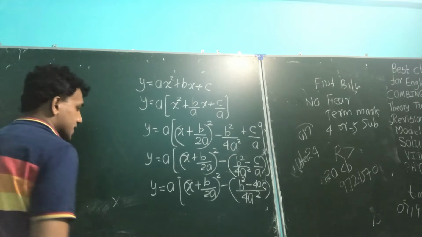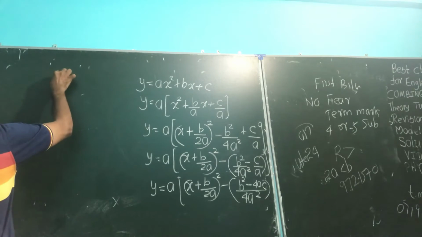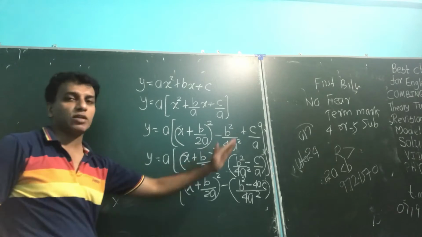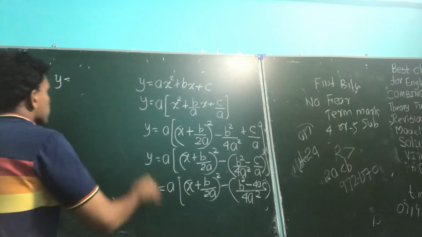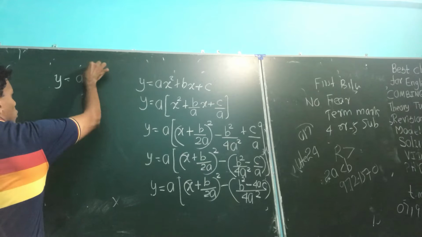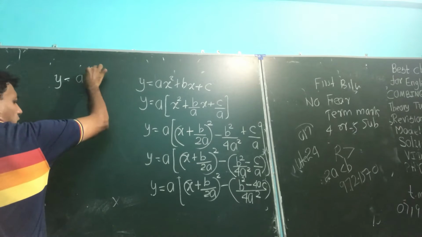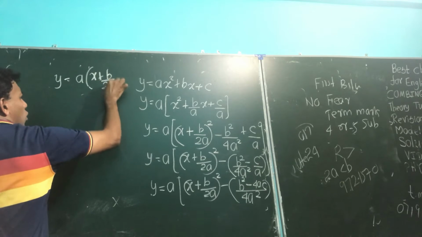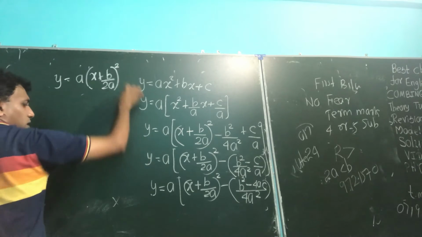Okay, at last I show here y equals, multiply the brackets by a, see what happened, that is a into x plus b over 2a, all things square.